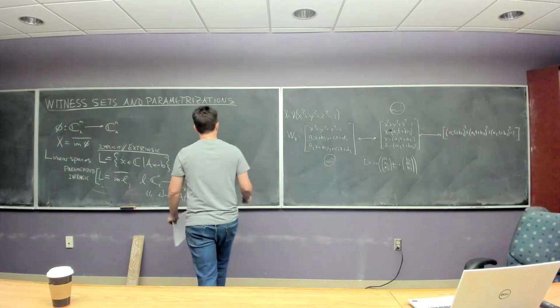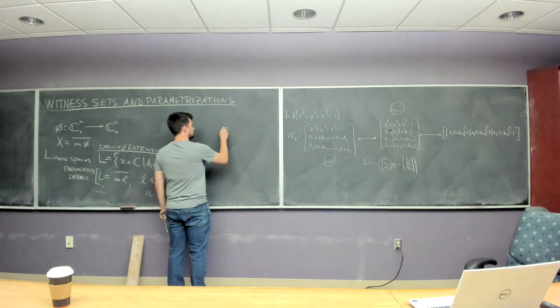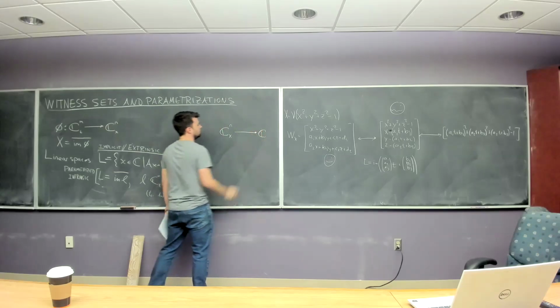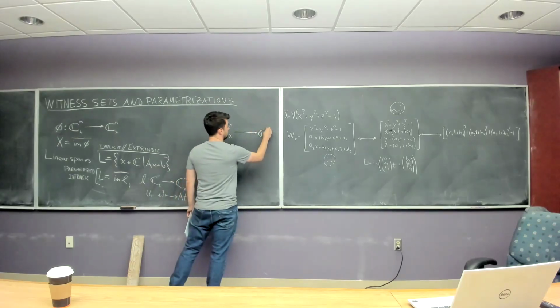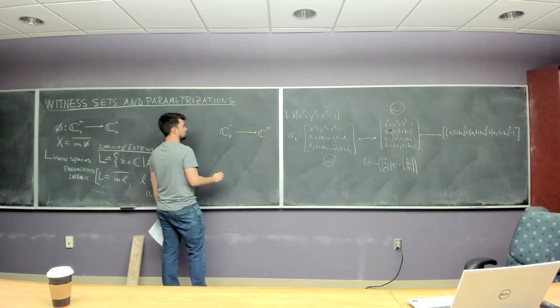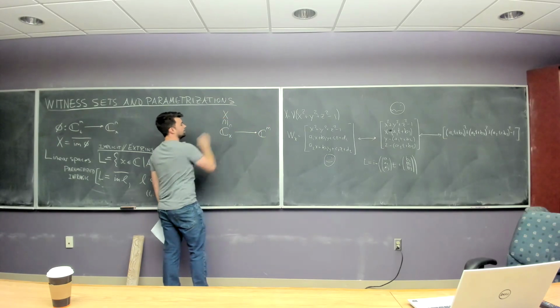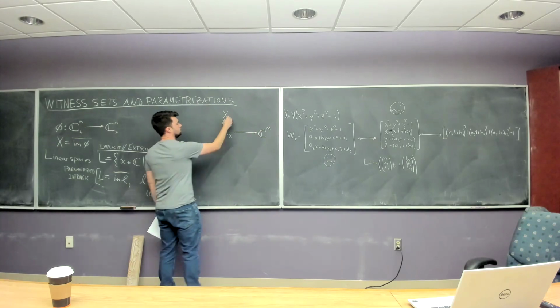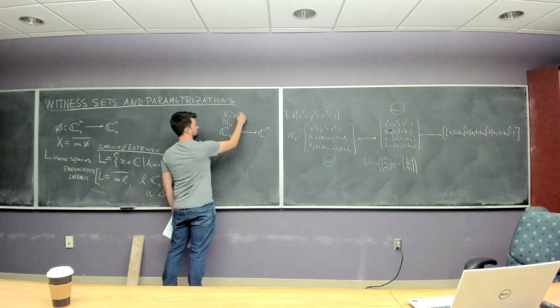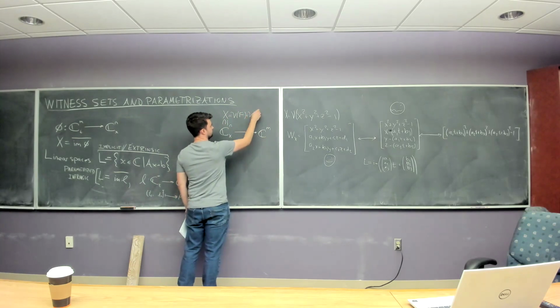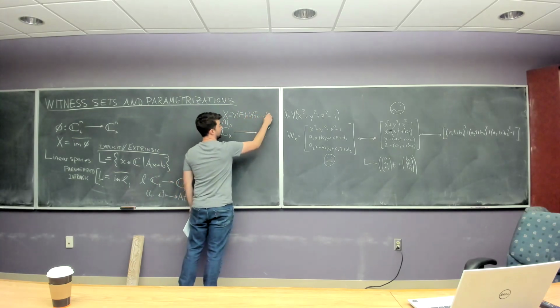More generally, what's going on? You have a variety in C^n, defined by M equations.